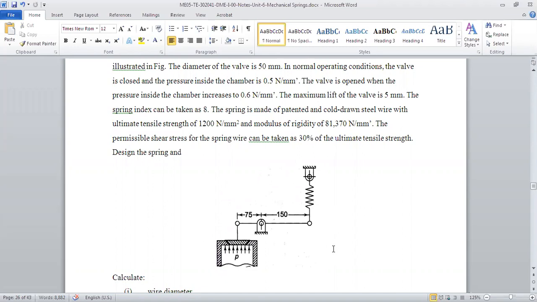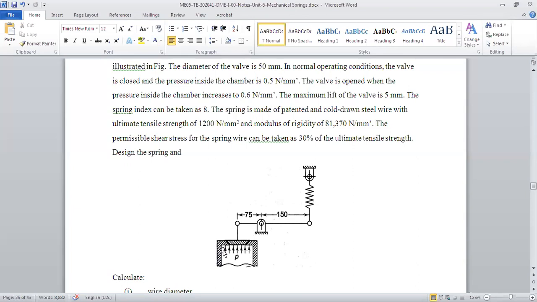In whatever container you are seeing, pressure is getting generated, right? And after the pressure reaches a certain point, this valve must be opened. Otherwise, what will happen? This thing will burst like a pressure cooker, right? When the pressure reaches a certain limit, your valve opens automatically, and it will release the pressure inside so that it will not burst.